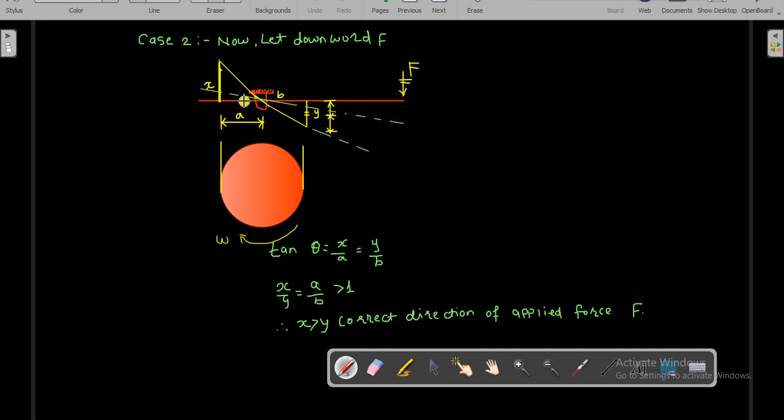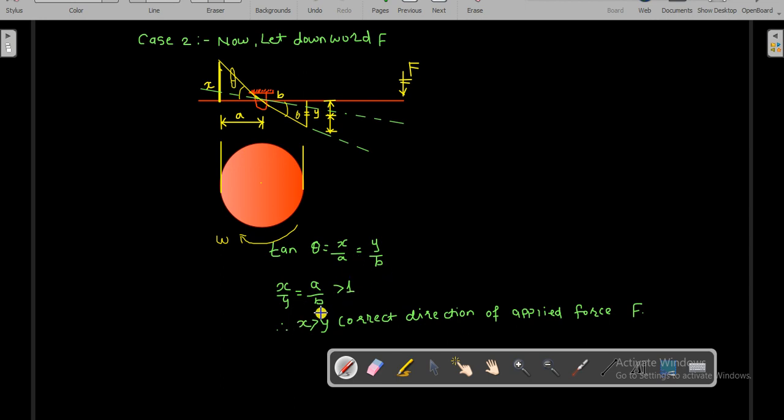Again using the same trigonometry, we get the same angle theta on both sides. So tan theta is equal to x by a is equal to y by b.